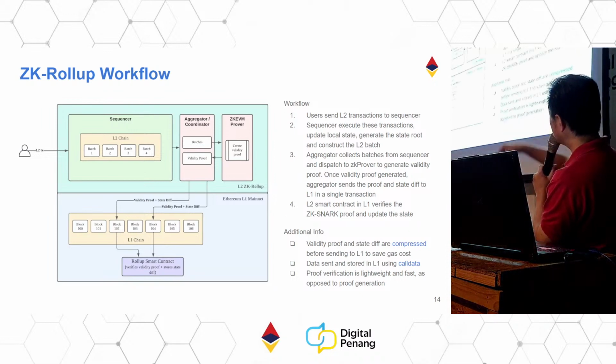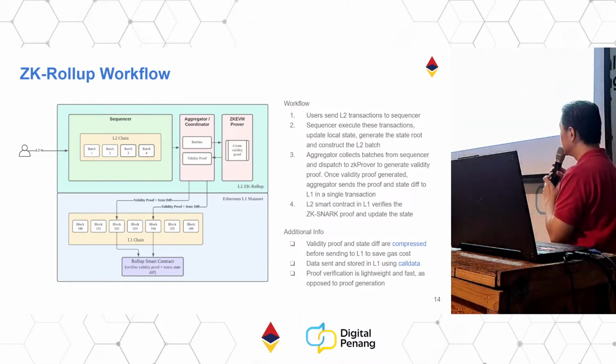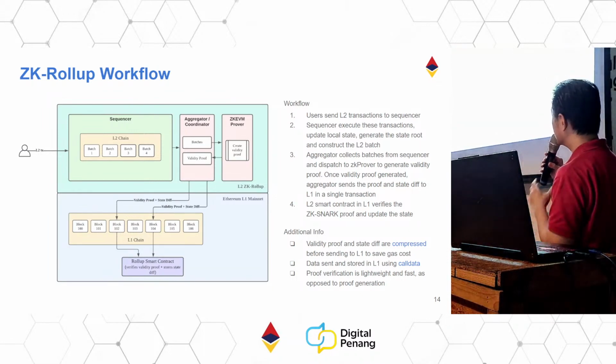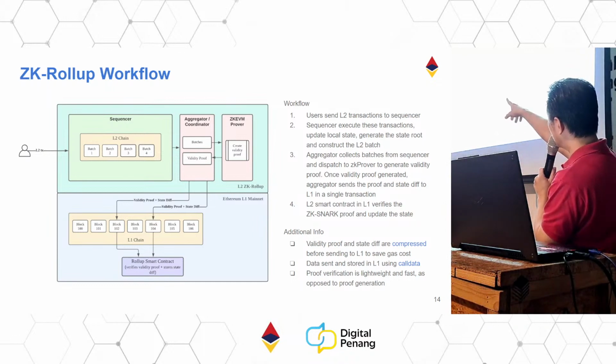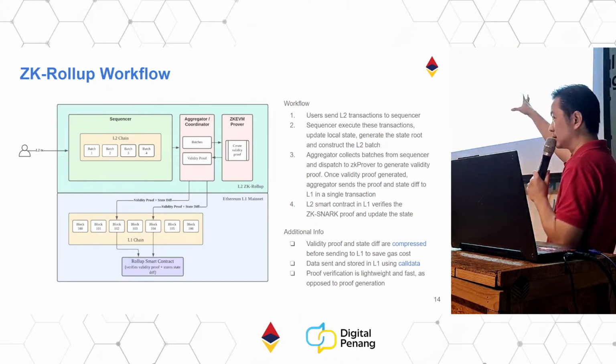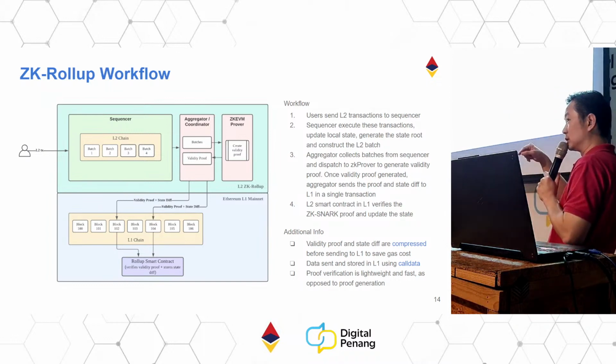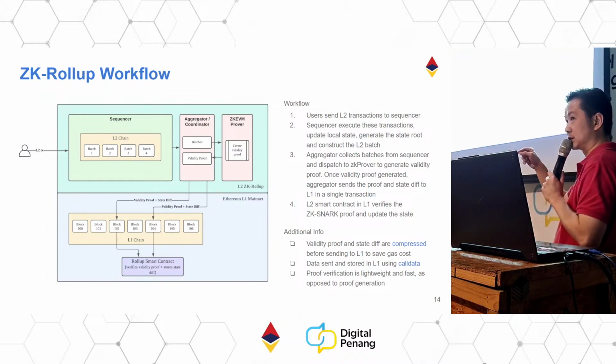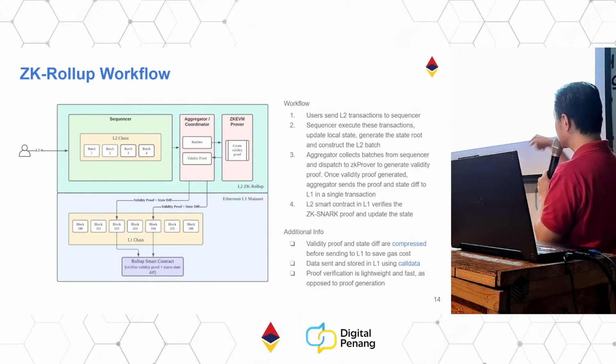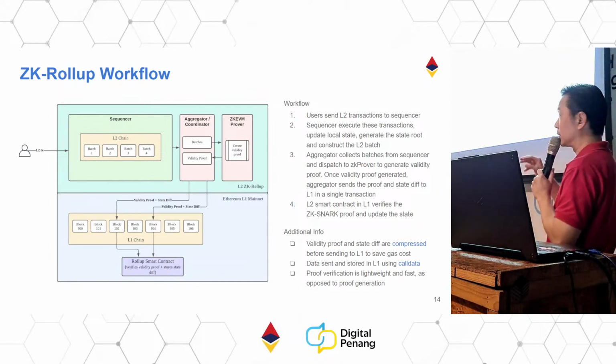Okay, let's talk about ZK Rollup. ZK Rollup is slightly different in the sense that, again, this diagram will look very different if you look into an individual ZK Rollup architecture diagram. So this is just a general idea for you to understand how it works.